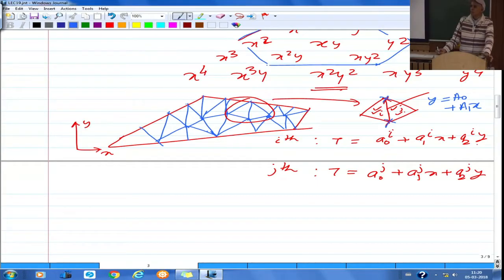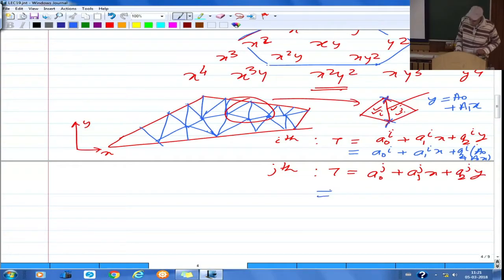Along a line you obviously cannot vary x and y independently; one would be dependent on the other. So you can write y equal to A0 plus A1x. When you do that, when you are evaluating this temperature along this boundary from the ith element, you are going to write this as A0i plus A1i x plus A2i into y, where y is A0 plus A1x.